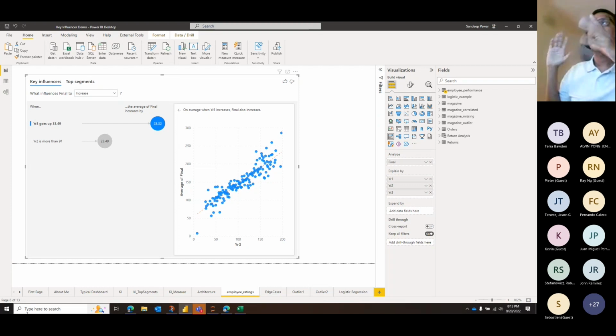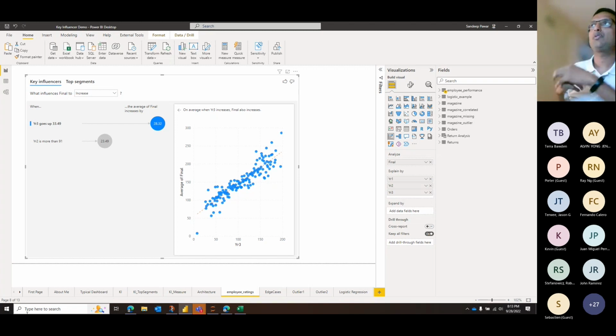Again, intuitively it makes sense as well that employees who have done well in the third quarter are already good, so they will do well in the fourth quarter. Year two matters as well, but year one, not so much.